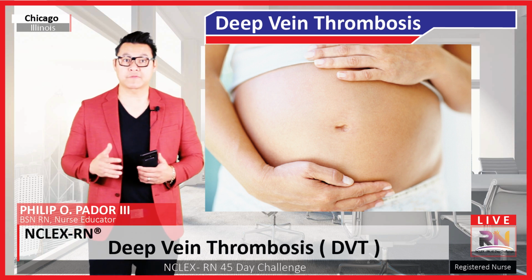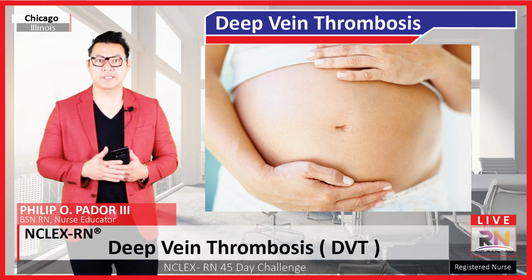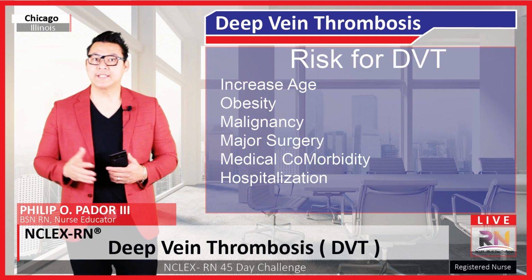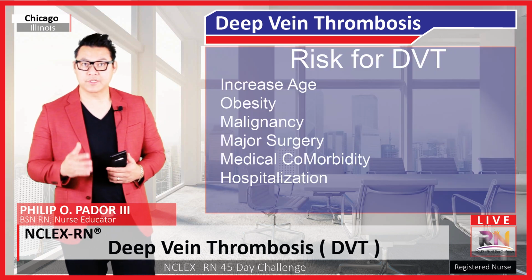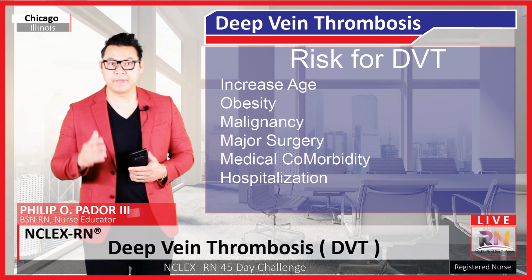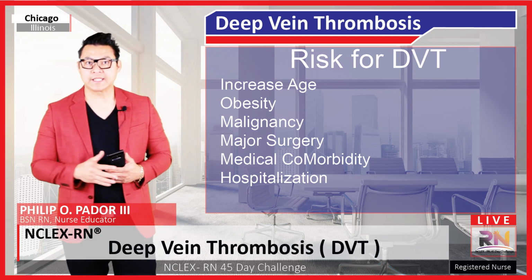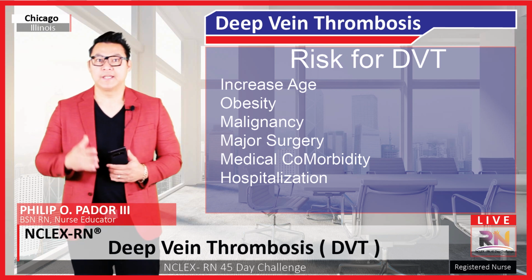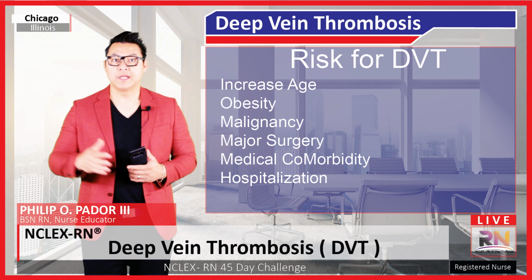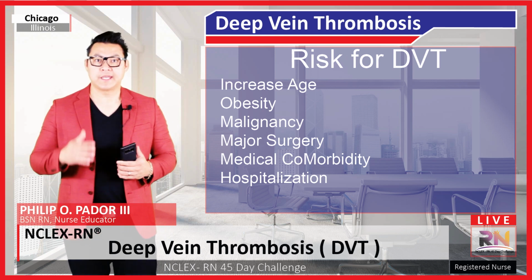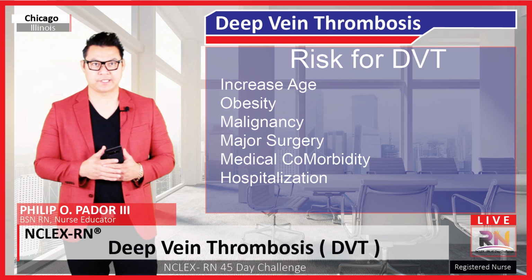Other risk factors for developing deep vein thrombosis include increased age, obesity, malignancy, having had major surgery in the past 3 months, having medical comorbidities, and being hospitalized in the past 2 weeks. Among hospitalized patients, 25 to 50% of surgical patients can develop DVT, and also many non-surgical patients.